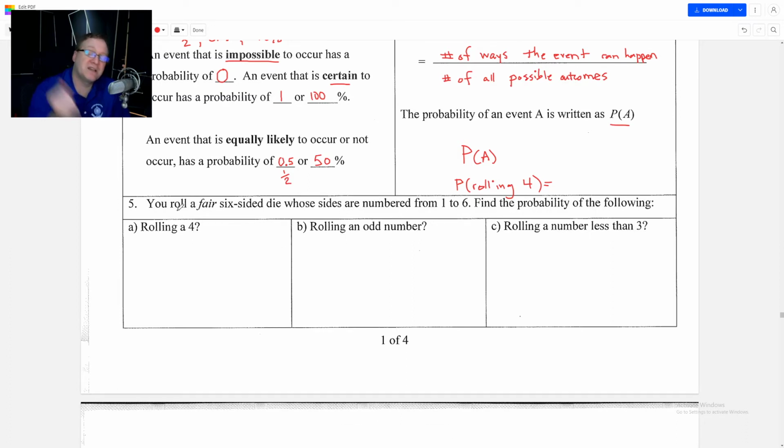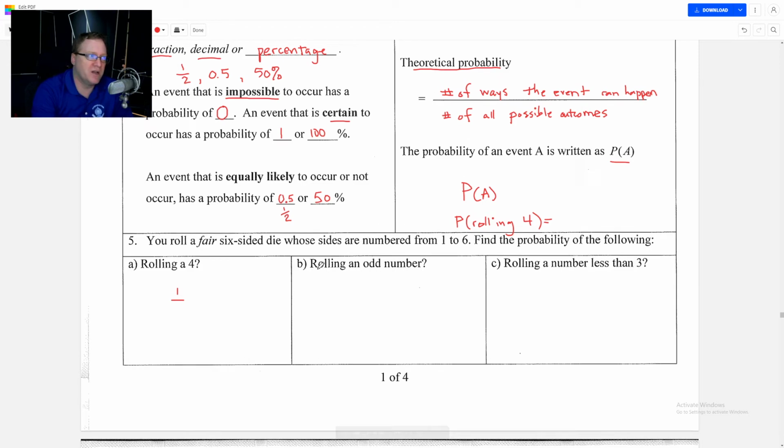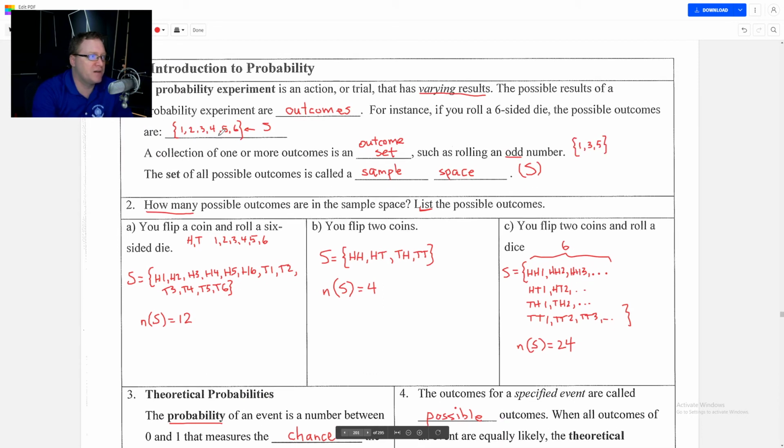So we are rolling a die, and the die has sides that are numbers 1 to 6. And we need to find out what is the probability of getting a 4. Well, if I'm rolling one die, how many ways can I get a 4? Well, just one way, if it lands on 4. That's the only way to get a 4. So that's the number of ways the event can happen. So we put 1 on top, and then we divide by the number of all possible outcomes. Now, we already said, what is the number of all possible outcomes for a die?